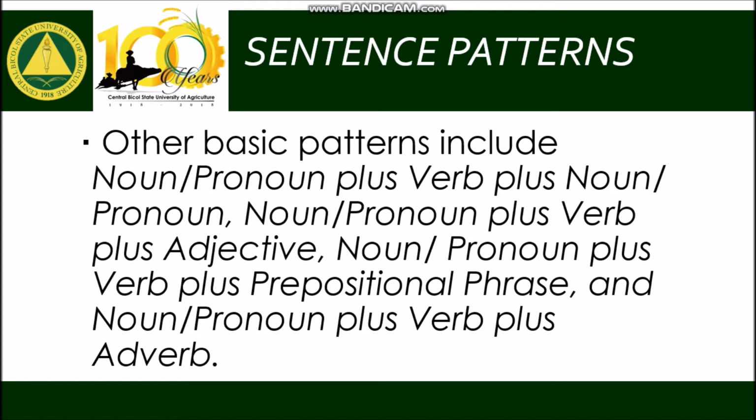She is sitting, she is hiding under the bed. Di ba? Under the bed is a prepositional phrase. Next, noun or pronoun plus verb plus adverb. She sings well or she runs fast. So, mga simple lang nabibigay ko mga statement. Pero, gets na naman, that is the sentence patterns. Opo.